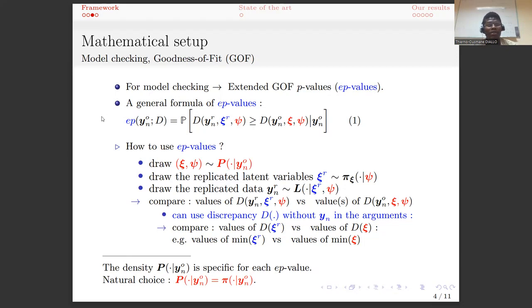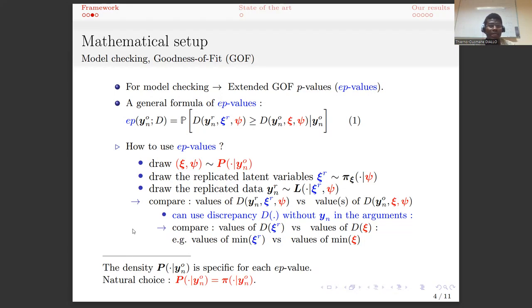There is no general formula for EP-values. So EP-values are tools defined by a discrepancy function. We notice that EP-values can use a discrepancy function without Y in the arguments. So with EP-values, we can do a targeted check of the assumption made on the latent variables.